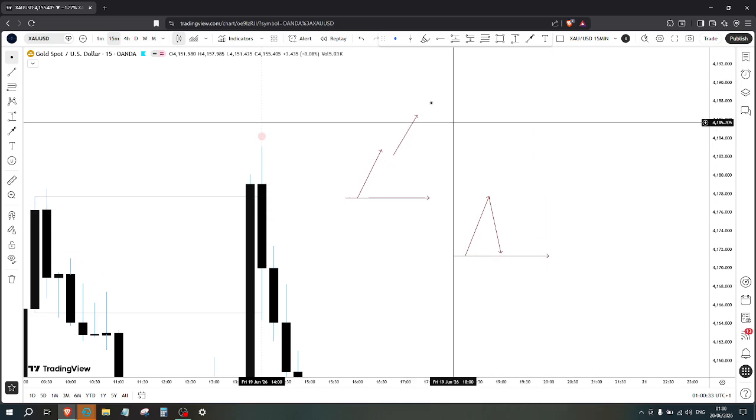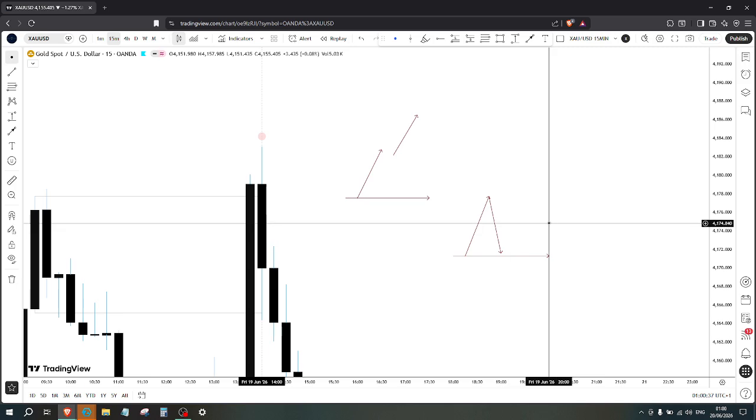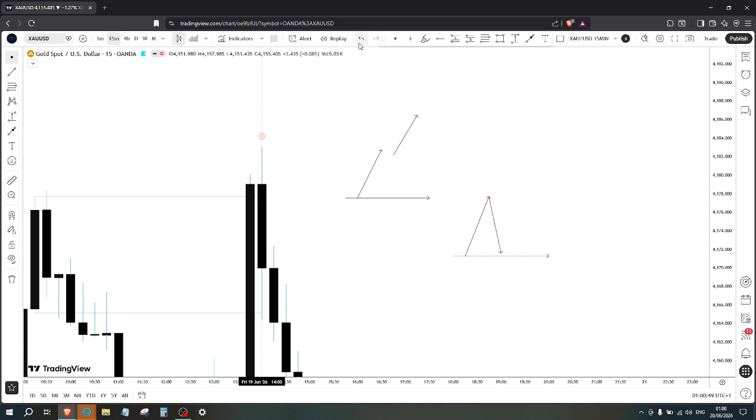Preferably we want option A, always. This is what we want. But option B can be accepted by the market temporarily. Most of the time we want to see option A.